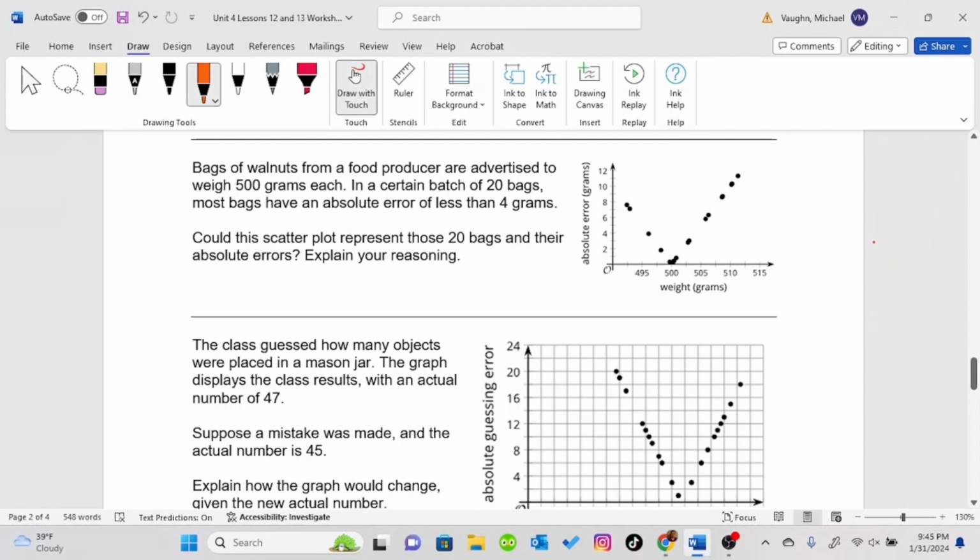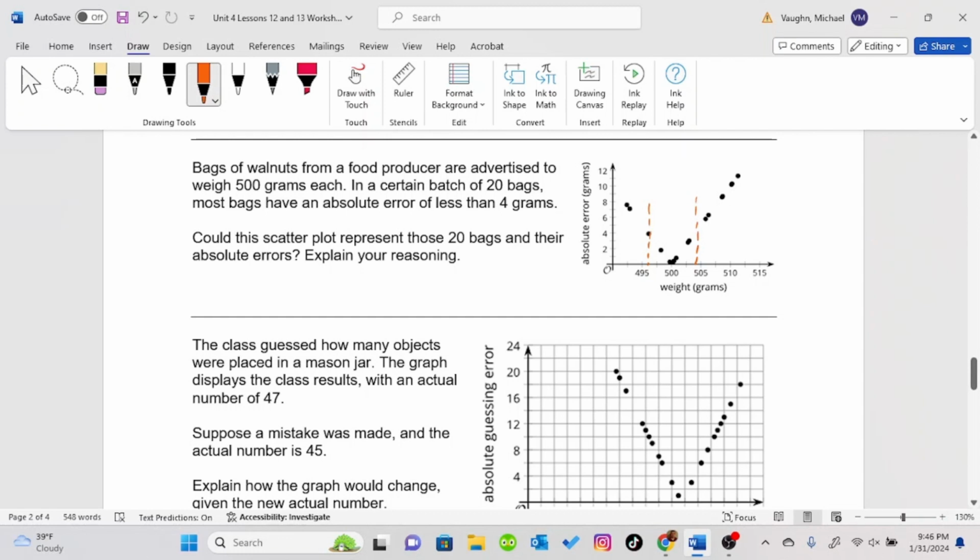So, if they're advertised to weigh 500 grams each, and we're looking at an absolute error of less than 4 grams, that means we would need to be within 496 and 504 with most of our bags.